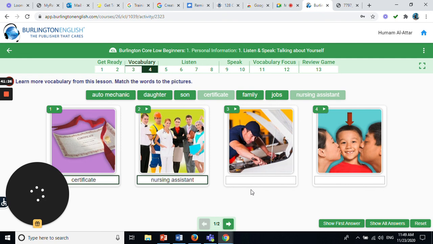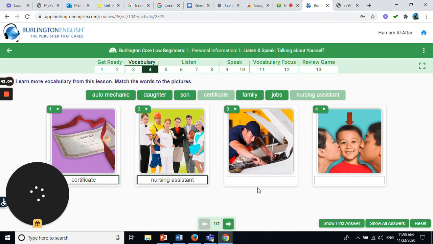Okay. What's number three? What is he doing? What do you think he's doing? Working. Working on what? Working on a car. Okay, so this man is working on a car.